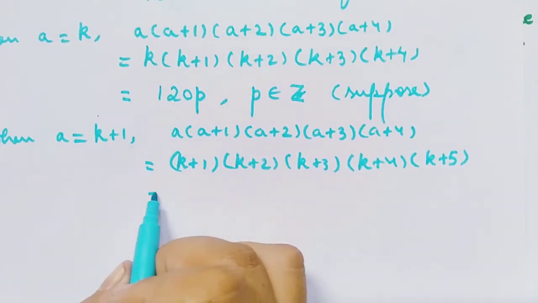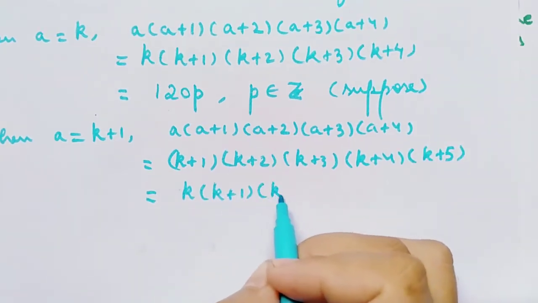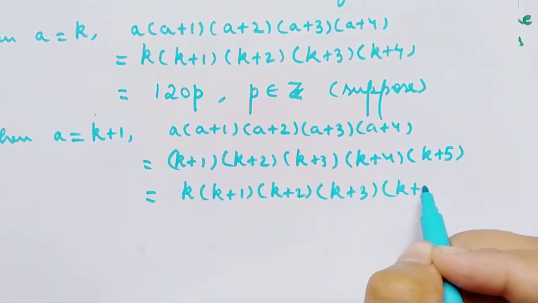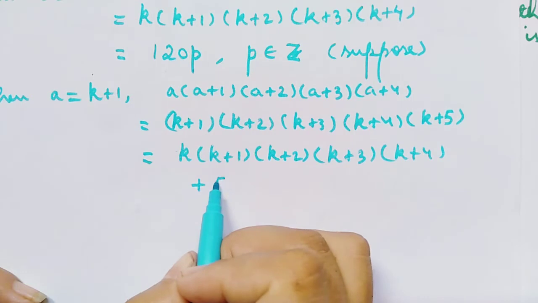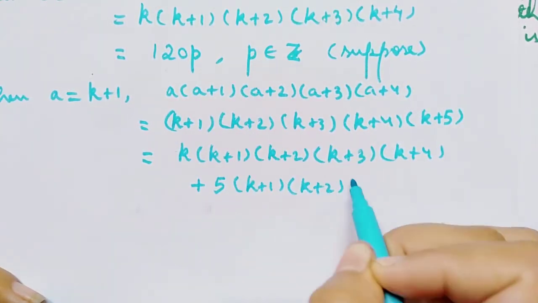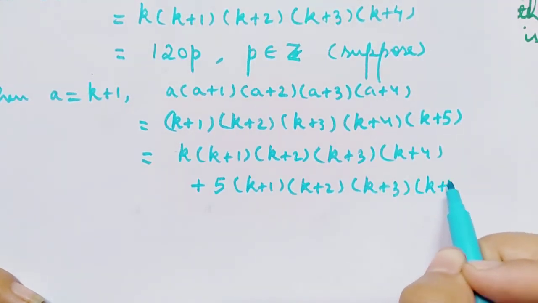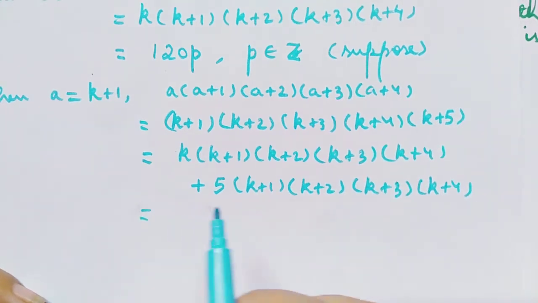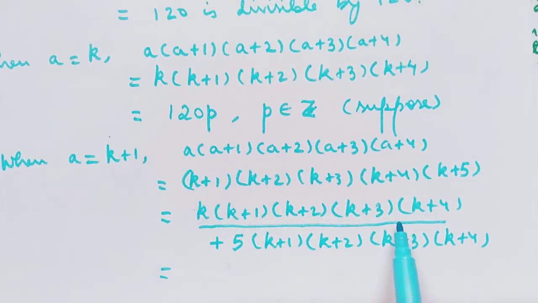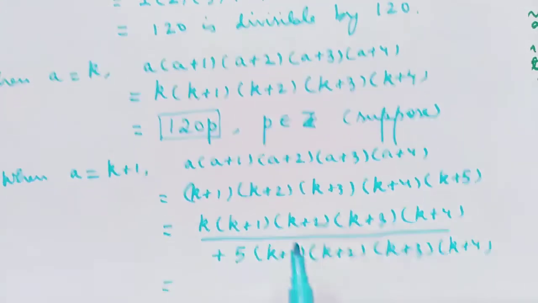Now this can be written as k into k plus 1 into k plus 2 into k plus 3 into k plus 4, plus 5 into k plus 1 into k plus 2 into k plus 3 into k plus 4. Now have a look here. What is this? We have assumed that this is divisible by 120, so we can write it as 120p.